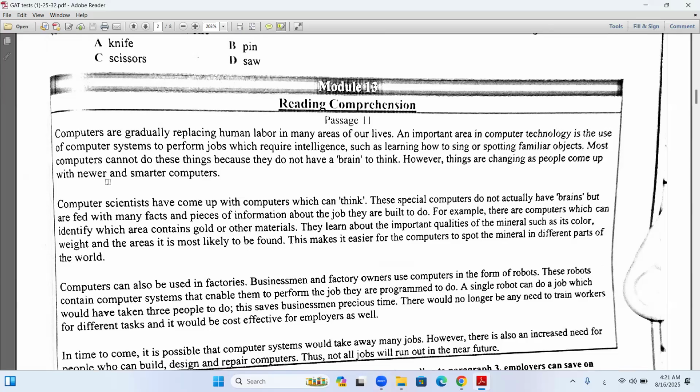Most computers cannot do these things because they do not have a brain. However, things are changing as people come up with newer and smarter computers.